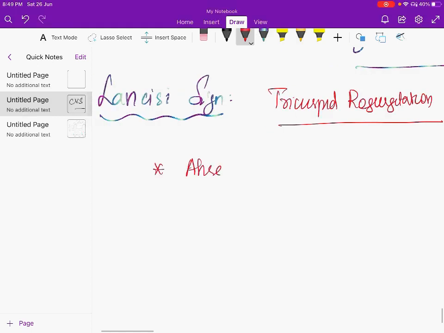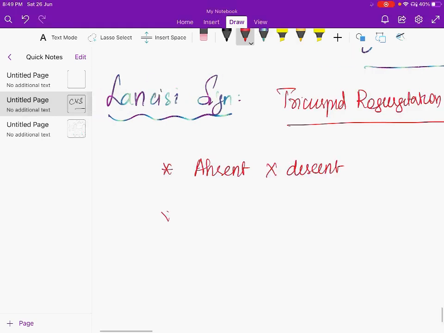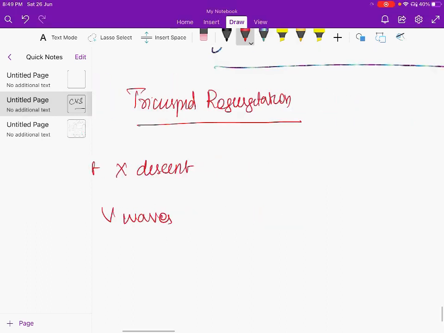In tricuspid regurgitation, as we all know, there is an absent X descent and there is a large V wave. So what happens to the JVP? It is like this. There is a C wave and there is a V wave, and there is a rapid X descent.